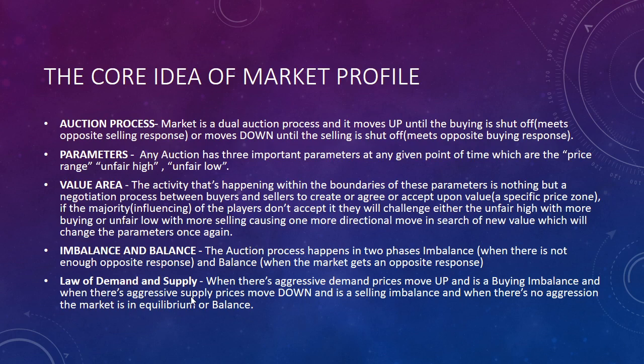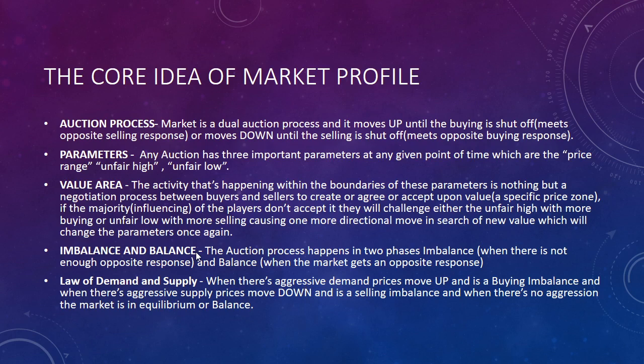And then the last one is the law of demand and supply. This is not really a market profile advocated thing, but in whatever analysis we do, we look at it with volume to see the aggressiveness. Here I am saying the buying is dominating. So how do I know that the buying is dominating? Only if I get to know the demand that is driving that buying will I know whether they're aggressive or not.